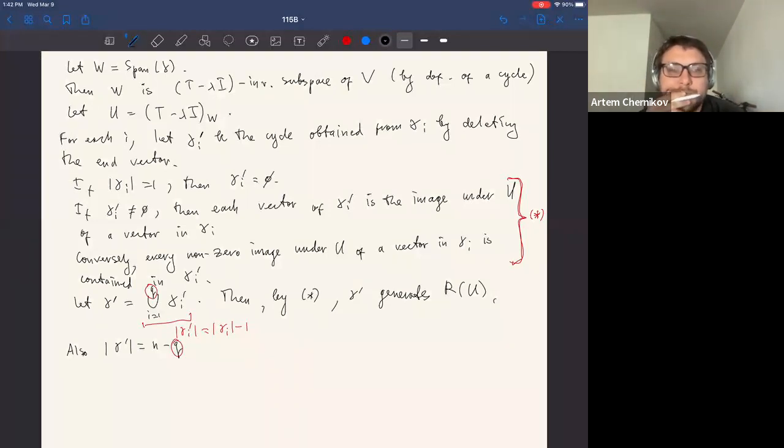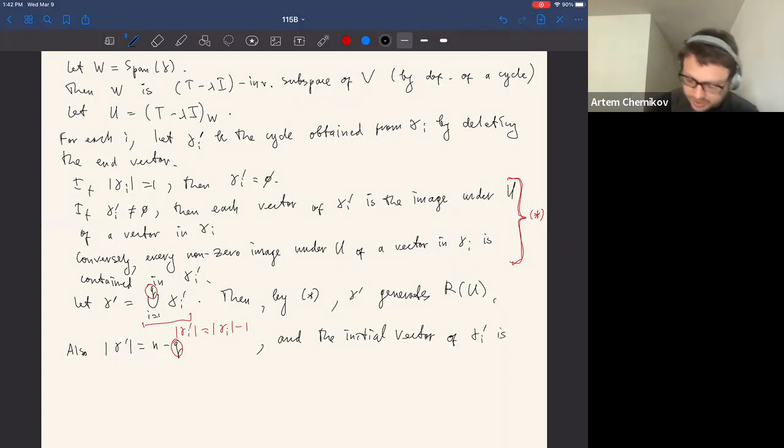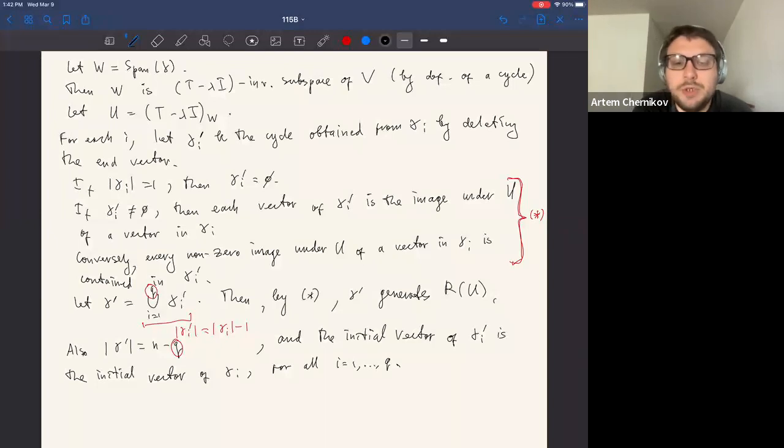So we have this estimate for the size of gamma prime, and the initial vector of gamma i prime is the same as the initial vector of gamma i for all i between 1 and q. We didn't change the initial vectors because all we did is remove the nth vector from each gamma i.